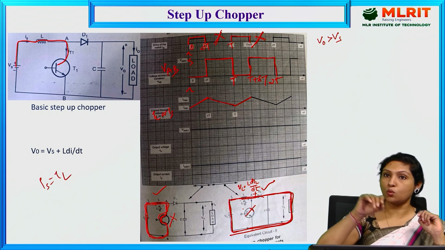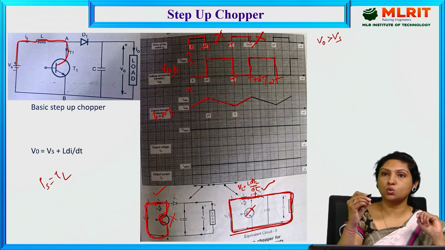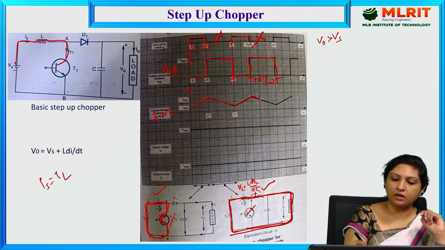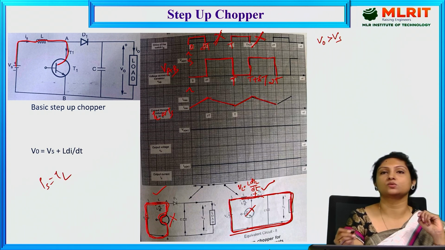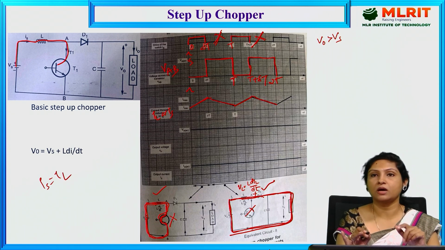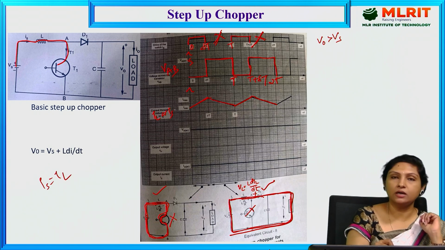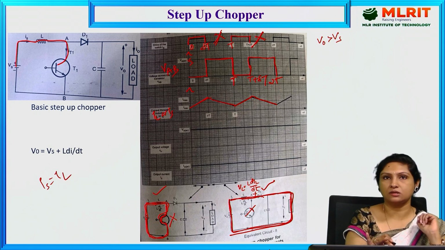Since it is providing energy, the energy stored in the inductor is getting depleted, so that is how the current through the inductor is getting reduced. So this is purely the current waveform across the inductor. So supply current or current through the inductor is one and the same.